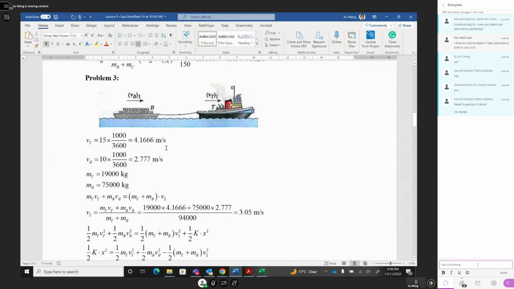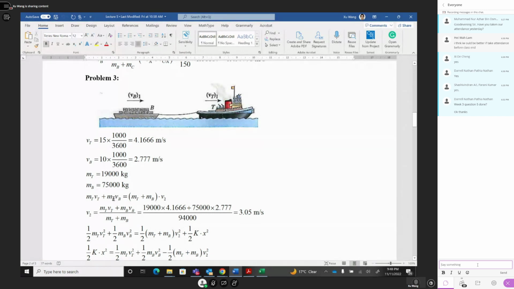Okay, it's SI units. And the tugboat has a mass, in megagrams, changed to 19,000 kilograms, and the barge boat 75 megagrams changed to 75,000 kilograms. Okay, SI units. Then before you reach the maximum, while moving separately, the momentum is MTVT plus MBVB, the separate momenta summed together.